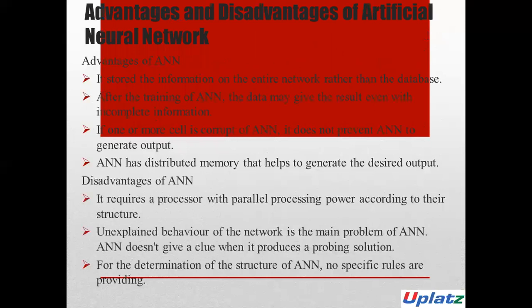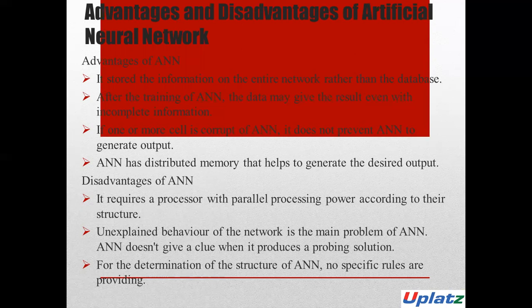Then finally, the advantages and disadvantages of the artificial neural network. The advantages are: it stores the information on the entire network rather than in a database. After the training of ANN, it may give the result even with incomplete information.